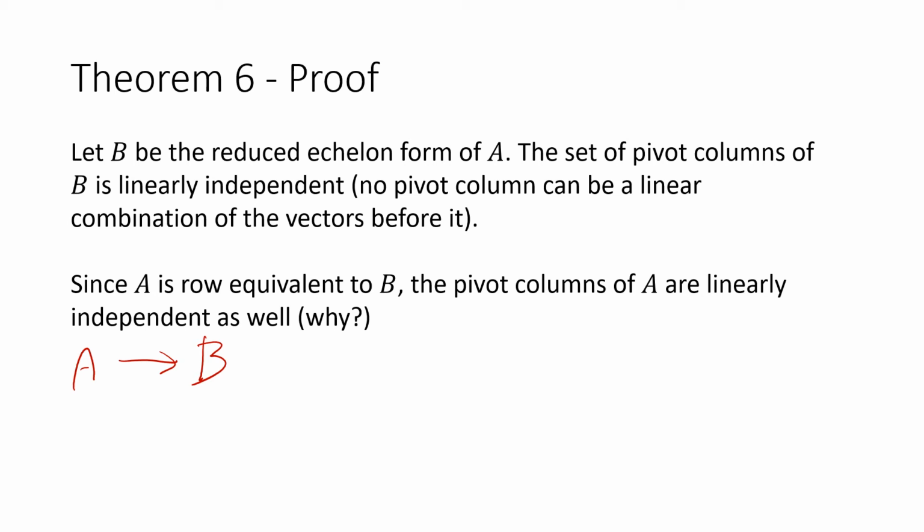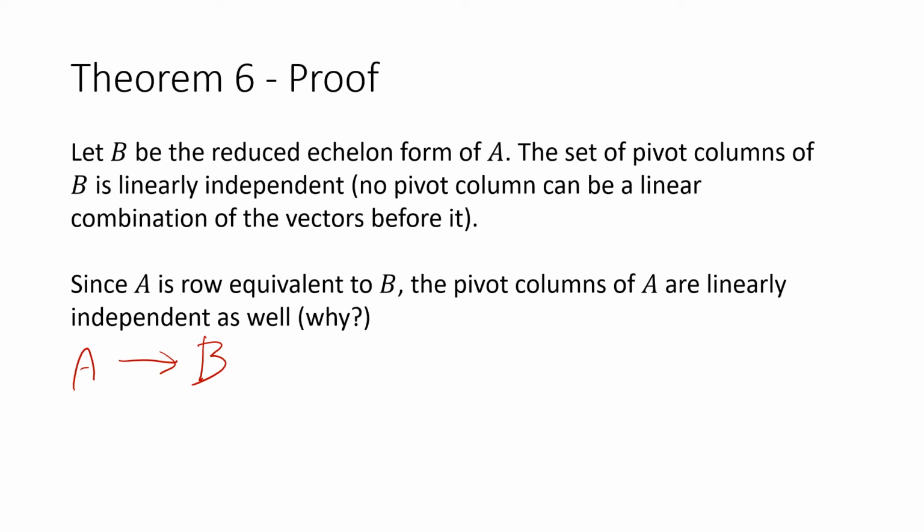But now A is row equivalent to B, so that means the pivot columns of A are linearly independent as well. And why is that? Think about how you got from A to B, and consider if you had a matrix that was just those pivot columns and you row reduced it, what would you get?